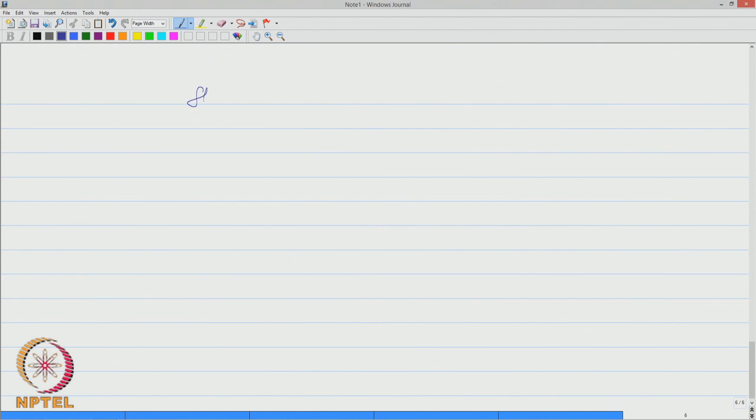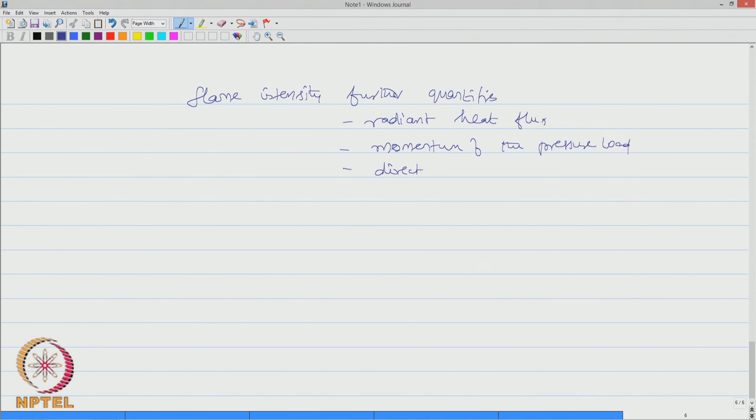Flame intensity further quantifies the radiant heat flux, momentum of the pressure load and direct or convective heat flux.